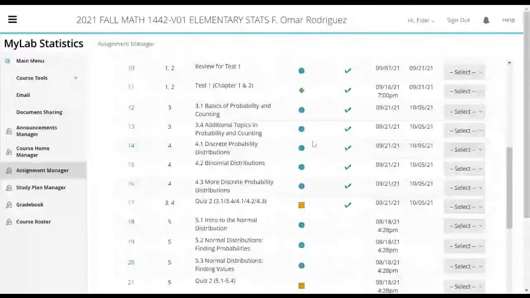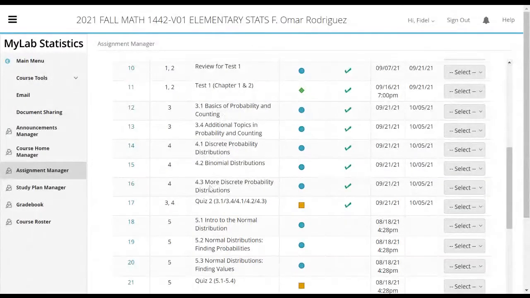So let me do this. Let me come back over here. Okay, here we go. I'm sharing my screen with you guys. So again, if you can see 3-1, 3-4, 4-1, 4-2, 4-3 and the quiz, they're all due by Tuesday, right?